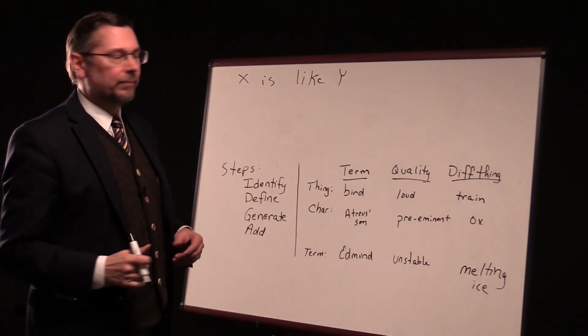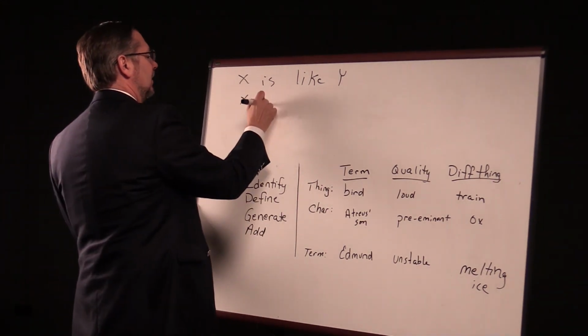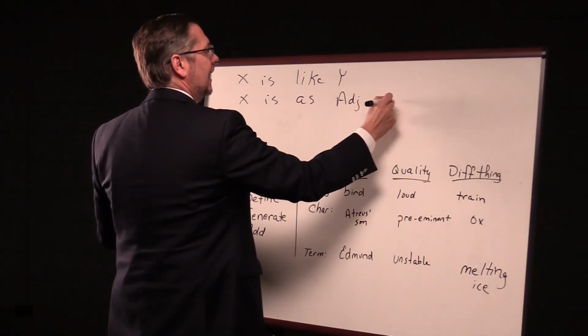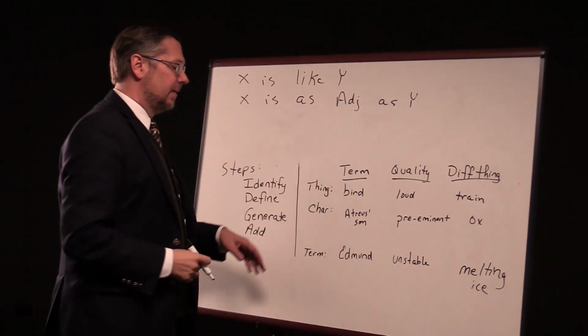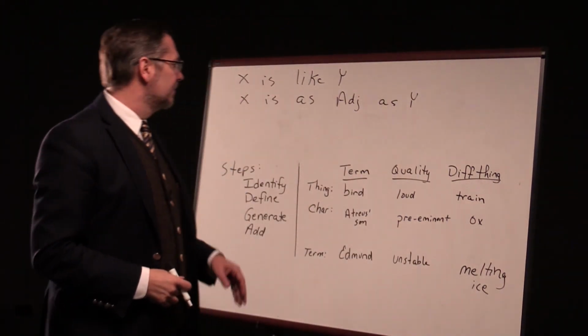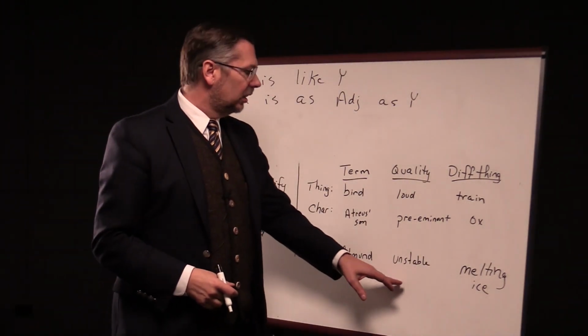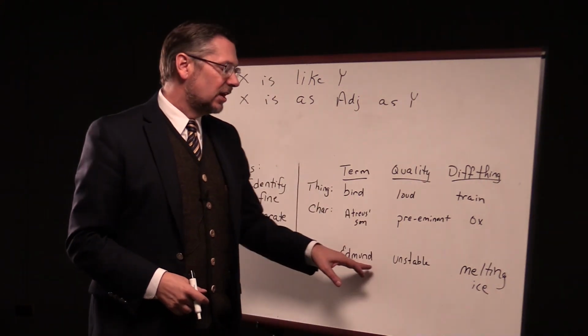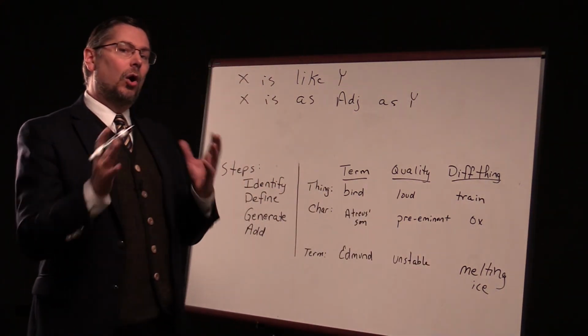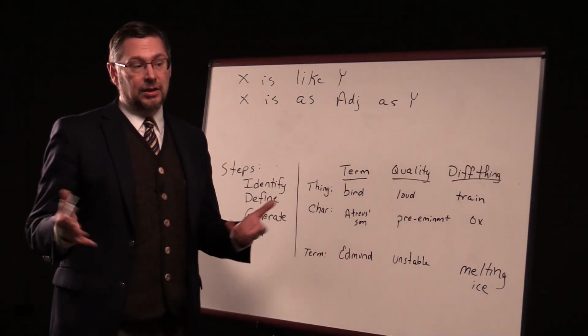Another common form for a simile is X is as some adjective as Y. I could say Edmund is as unstable as melting ice. Or I could say Edmund is like melting ice. Edmund is unstable like melting ice, or just Edmund is like melting ice. And in all of these cases, I am giving similes.